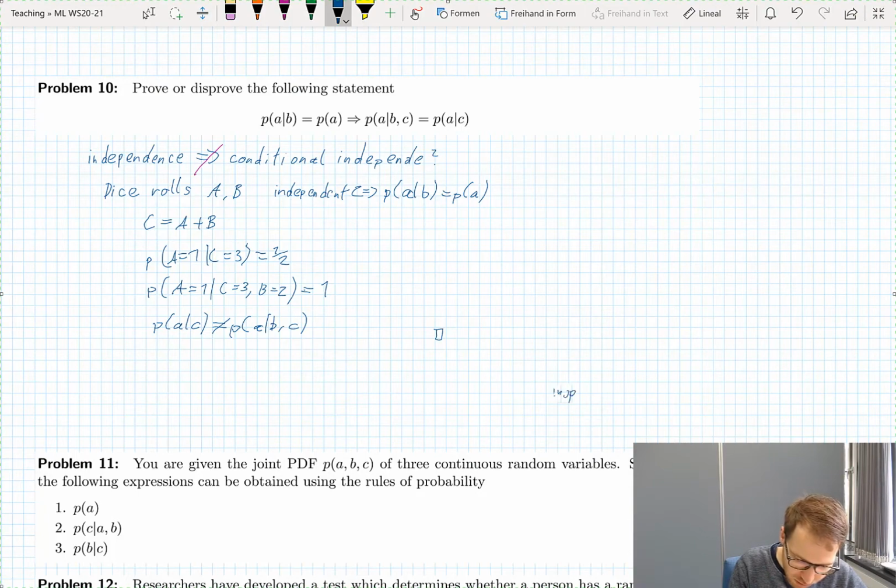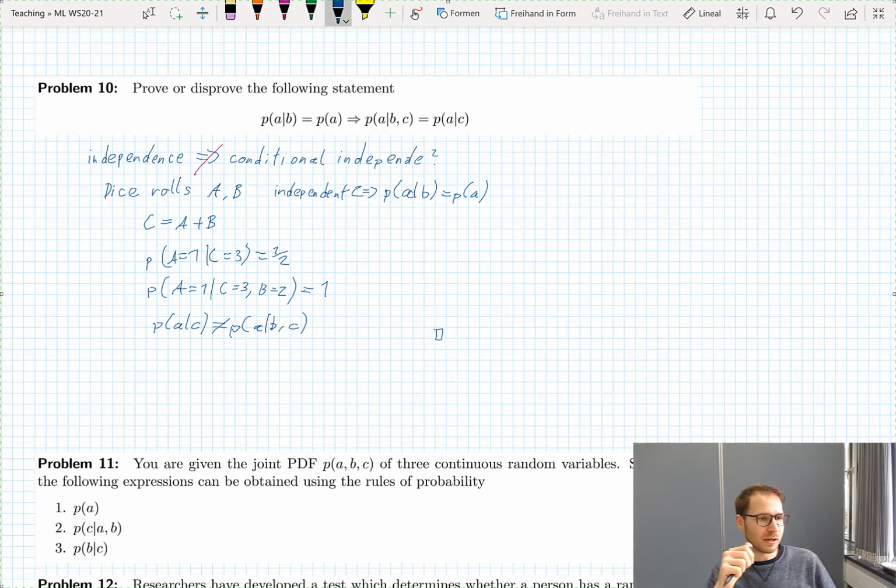This fact is actually more interesting than it seems, because you can basically make two independent variables dependent by using another variable. This phenomenon is commonly known as Berkson's paradox.